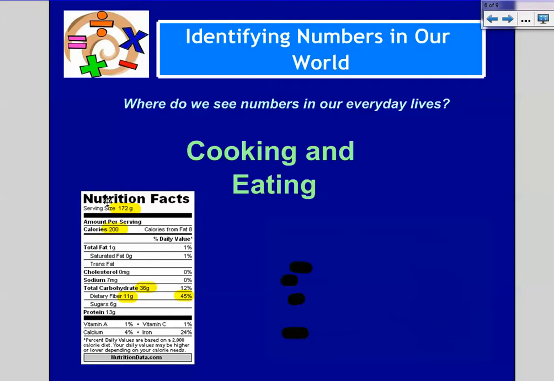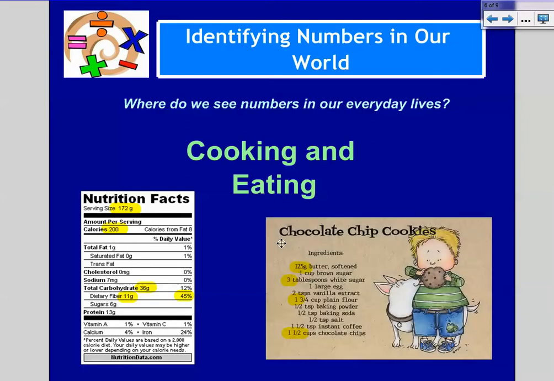This label gives us the nutrition facts for the food we're eating, or it tells us what kind of things are in our food. We also see numbers on recipes when we're cooking. If I didn't have these numbers on this recipe for my chocolate chip cookies, I wouldn't know how much stuff to put in, and my chocolate chip cookies might not turn out right.